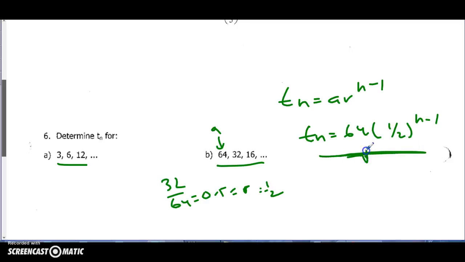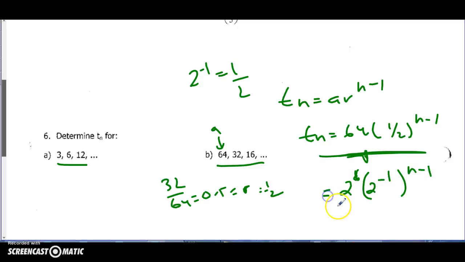But if you want to keep going with this, you can look at this and say 64 is the same as 2 to the 6. 1/2 is the same as 2 to the negative 1. If you remember from before, 2 to the negative 1 is equal to 1 over 2 to the 1. So I have this all to the power of n minus 1. And I can simplify this by opening up this bracket first.